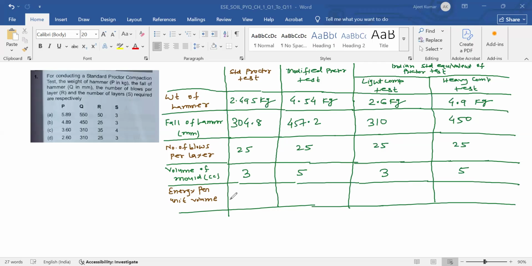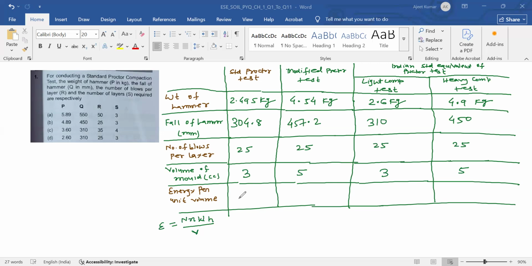And energy per unit volume is given by the formula E equals N into n into W into h, divided by V, where capital N is the number of layers, small n is the number of blows per layer, W is the weight, that is mass into g, h is the height of fall, and V is the volume of mold. So this will give you the energy per unit volume.